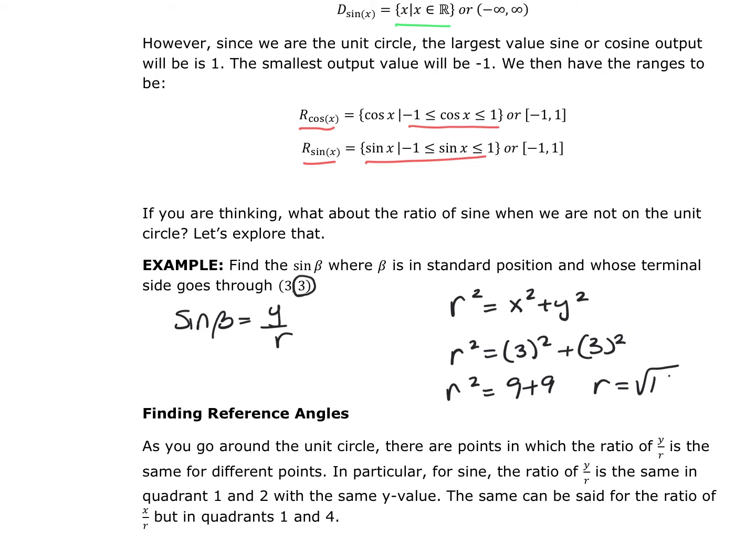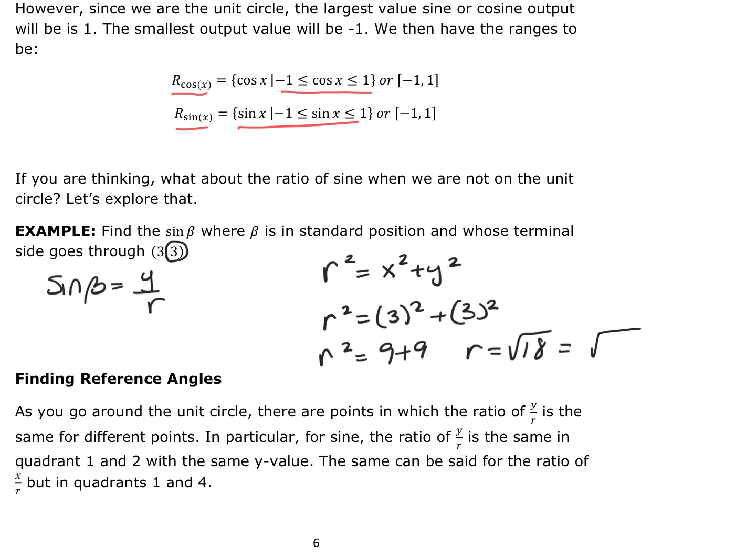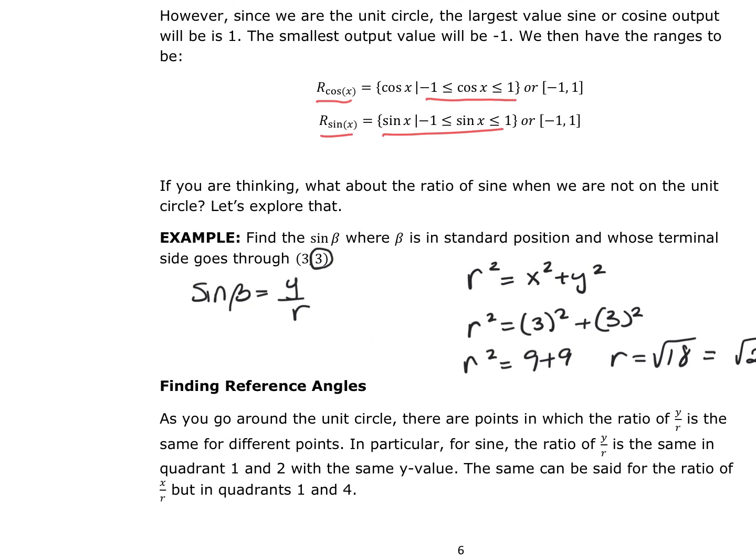Well, this is the same thing as the square root of 2 times 9, which is the same thing as 3 root 2. So then this must be equal to my y value, which is 3 over 3 root 2, which is 1 over root 2, which we know if we rationalize becomes the square root of 2 over 2.